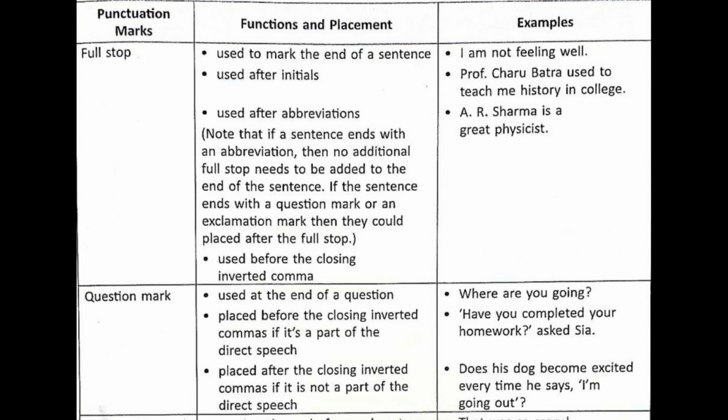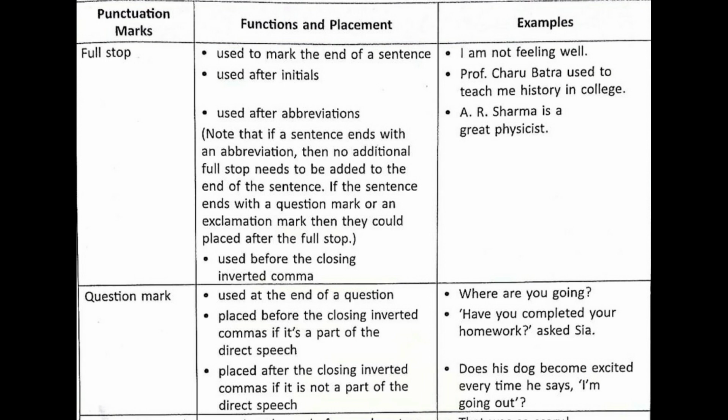For example, I am not feeling well. After the sentence, we will put a full stop because we are ending the sentence. Just like this, take another sentence, she is my sister. We are ending the sentence, so to mark it, we'll put a full stop there in the end.